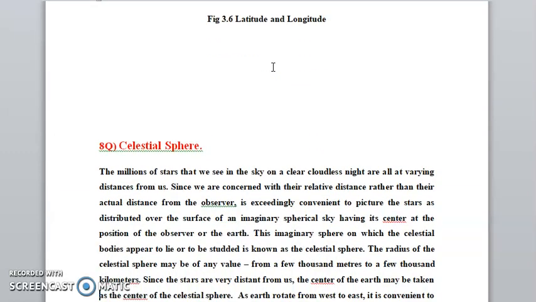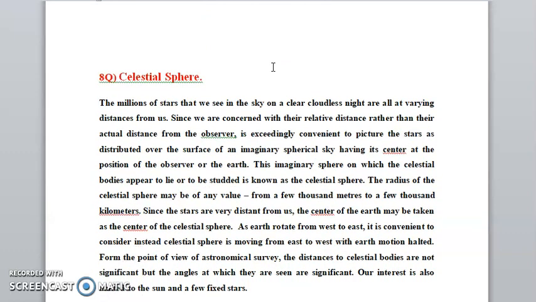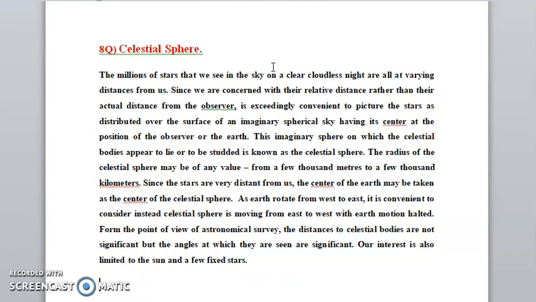Now we go to the next topic, the celestial sphere. Very important. The millions of stars that we can see in the sky on a clear cloudless night are at varying distances from us.